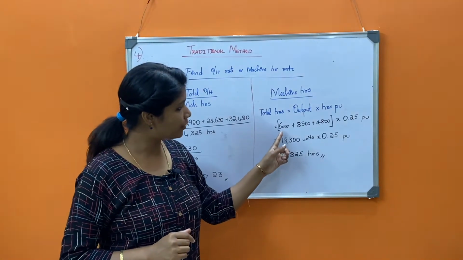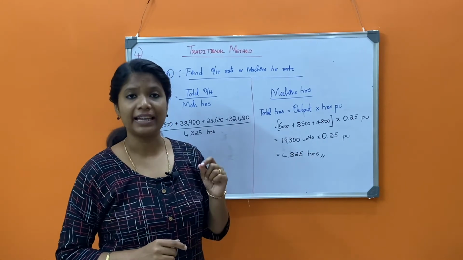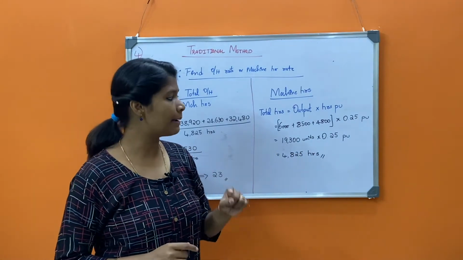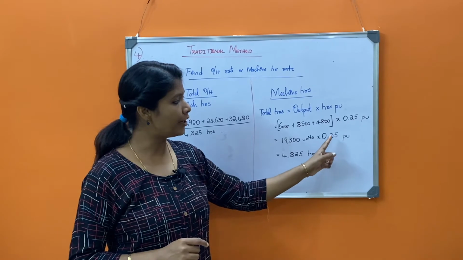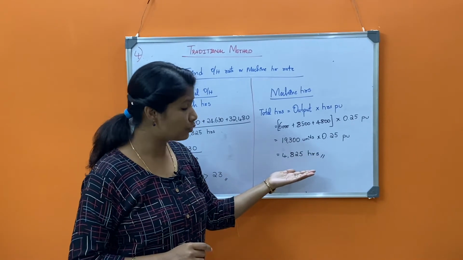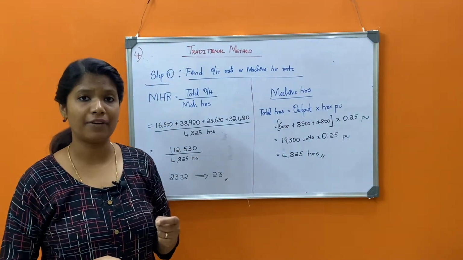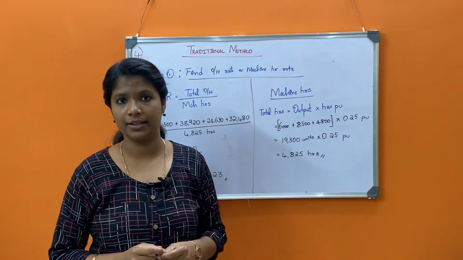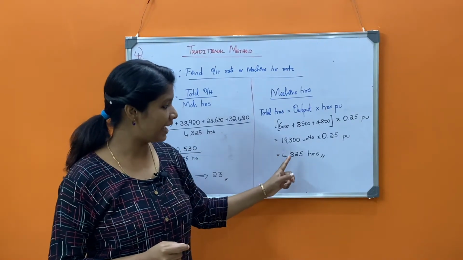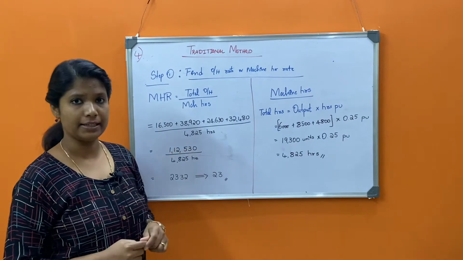I take the combination of A, B and C and add it up, I get 19,300 units, multiplied by 0.25 for every unit. So I get the total machine hours: 4,825 machine hours. Clear? 4,825.